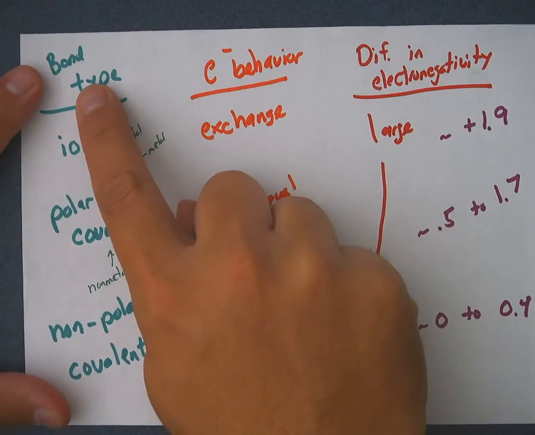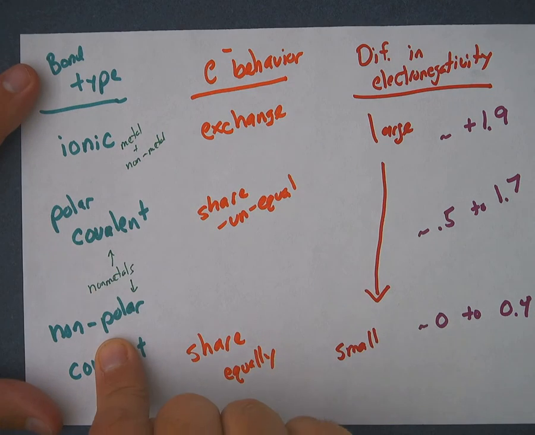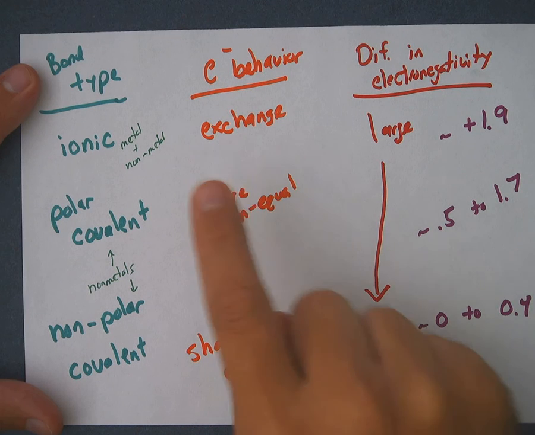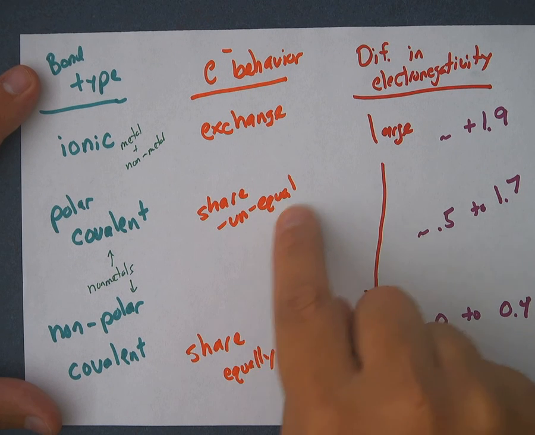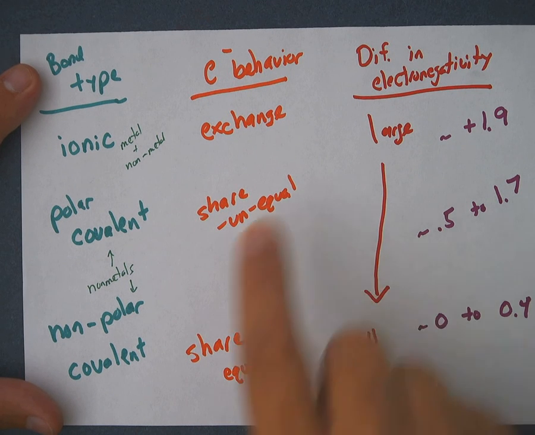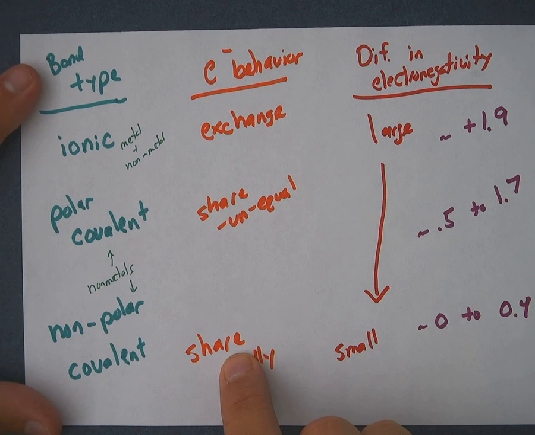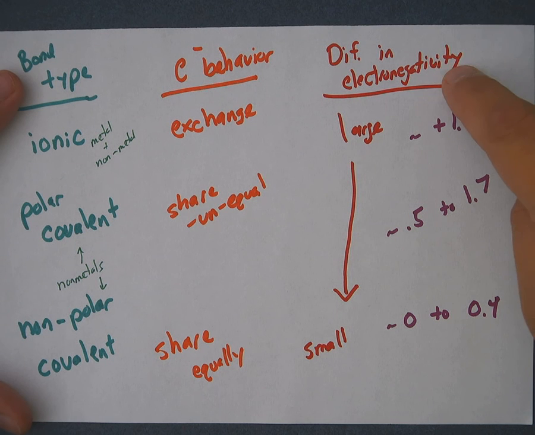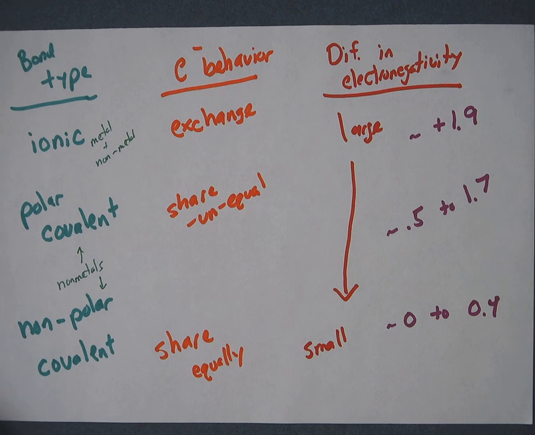Okay. Now, in addition to this lesson, we talked about this probably in class, this little chart here, where the bond types, which I kind of summarized here, and electron behavior: we had a transfer and exchange. Polars share electrons, but they don't share the electrons equally. And non-polar bonds do share electrons, but they share them equally. But to do the homework, you had to look up electronegativity of elements.